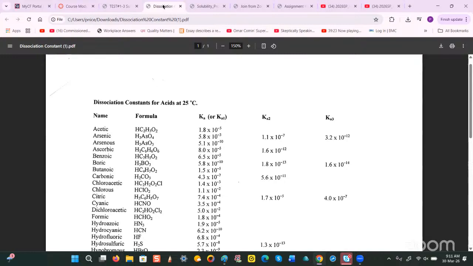Is there gonna be any examples with that? It depends on the question. If the question involves an acid that can release more than one hydrogen ion, then yes, the Ka1 and Ka2 and if needed Ka3 values would become useful. We did one example. I think there's one question in the assignments which deals with that situation. Okay, thank you. You may want to review that.